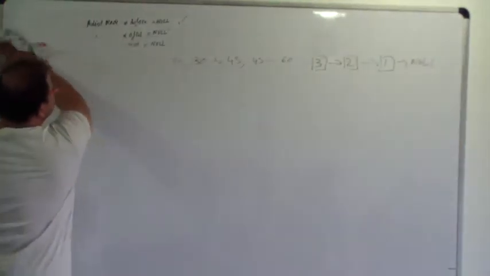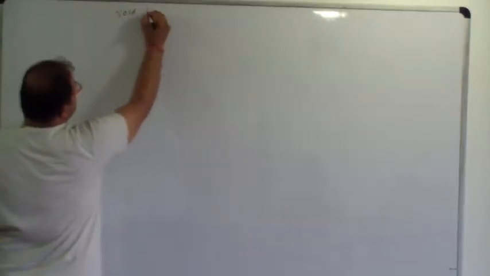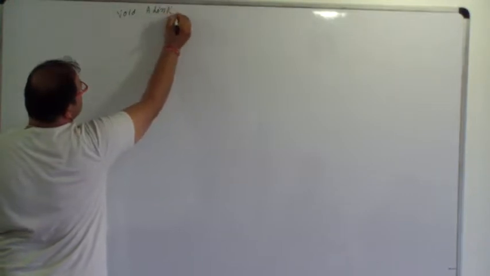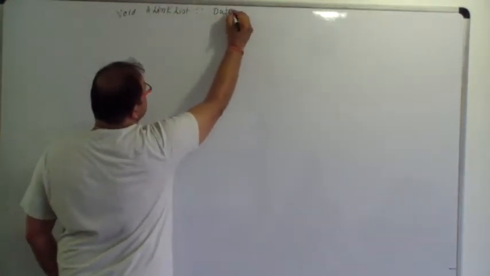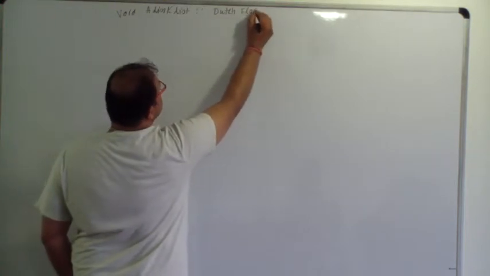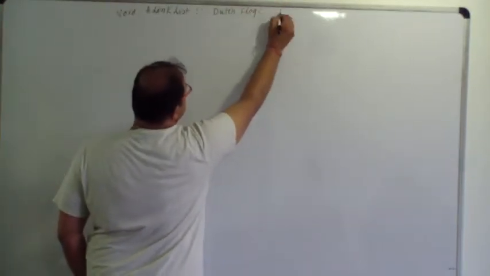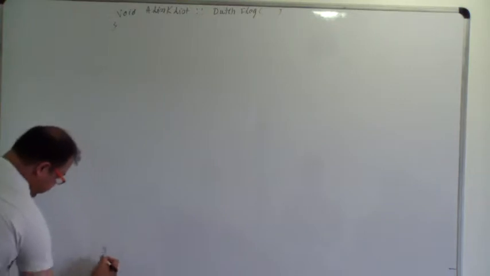So, okay, let's start writing the code for that. Void a link, this, colon, Dutch flag problem or something. Okay.